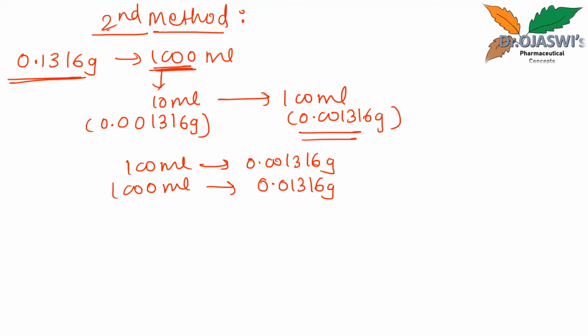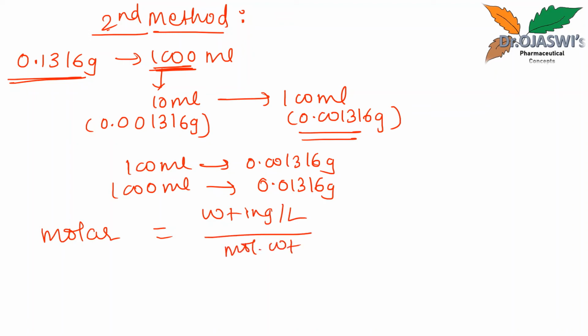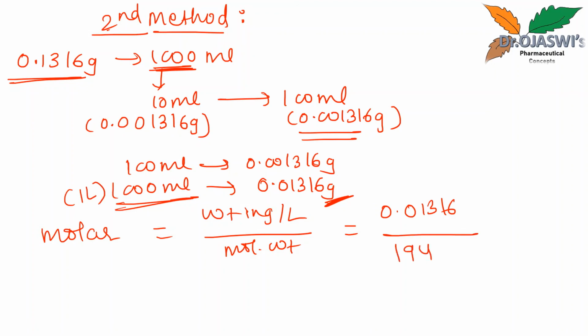Now to calculate this molar concentration, what I have to do is take the weight in grams per liter divided by the molecular weight. So that is the weight in grams per liter, 0.01316, where 1000 ml is 1 liter, divided by the molecular weight which is provided in the question.